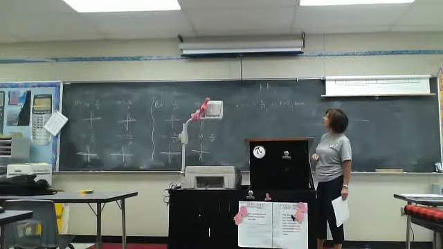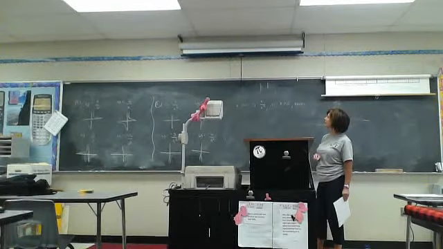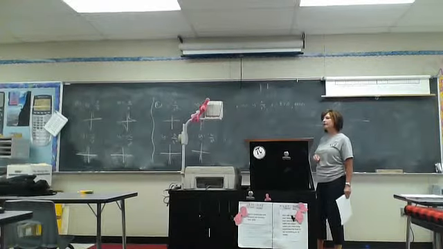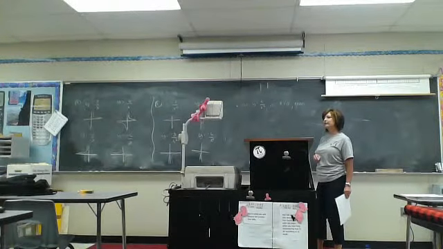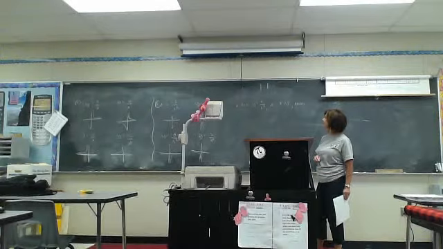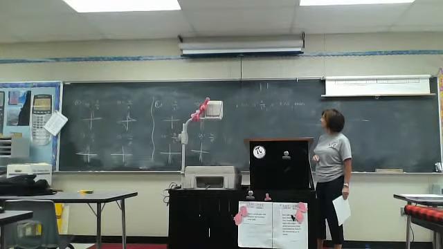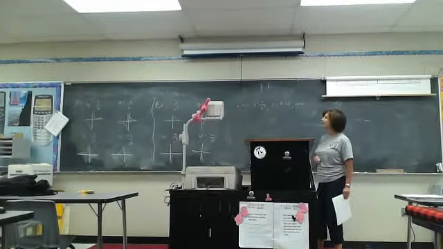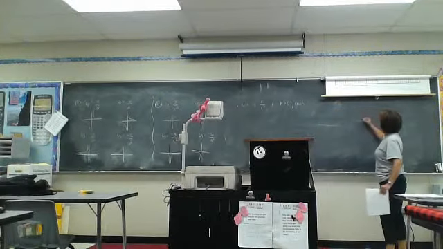So on y equals k over x squared, if k is positive, what were you going to say? Finish up, and what did you say? Above the x. And here's what you're looking for. Here's the math words.